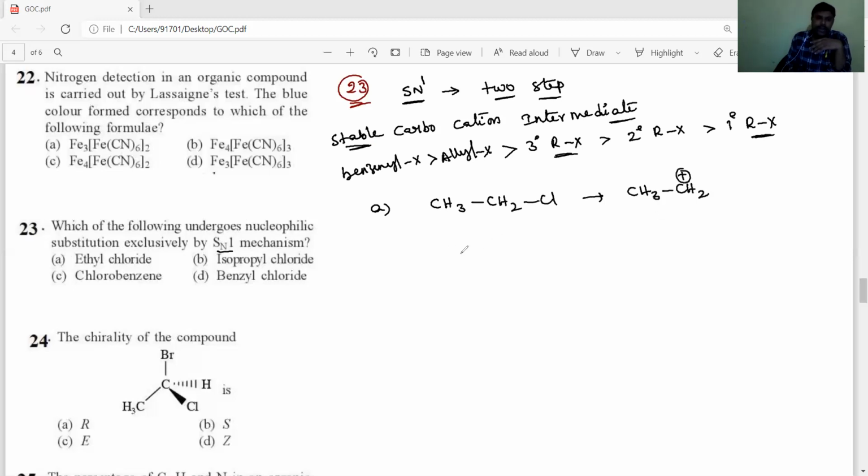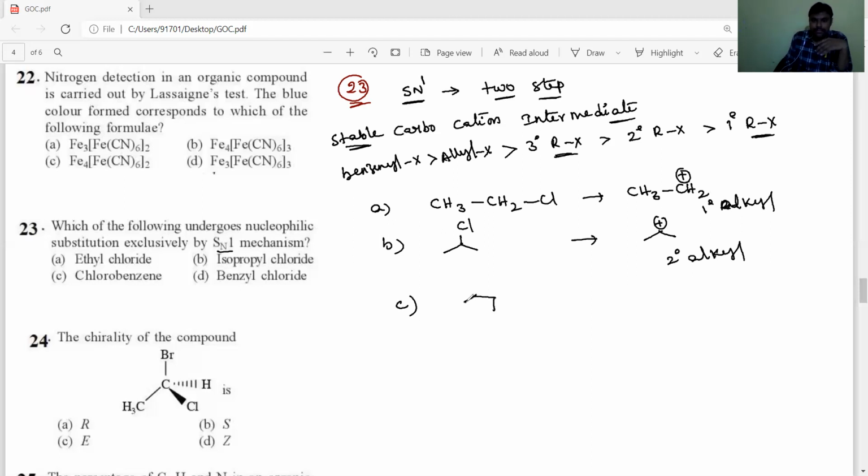It is a primary alkyl carbocation. B is isopropyl chloride, which forms a secondary carbocation. It is a secondary alkyl carbocation.